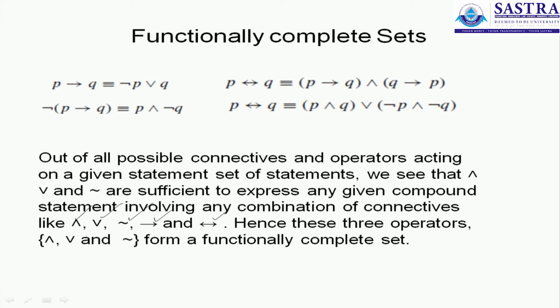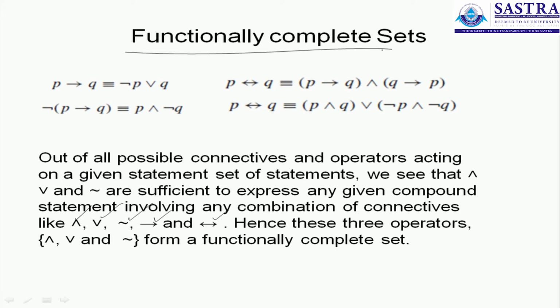We have had 5 separate operations acting on one or more statements. Can we reduce this number? It turns out that we can actually reduce. So a functionally complete set is the minimum possible number of connectives and operations that can be included to express any compound proposition only using these 3.